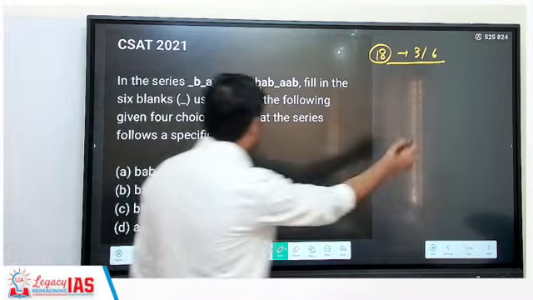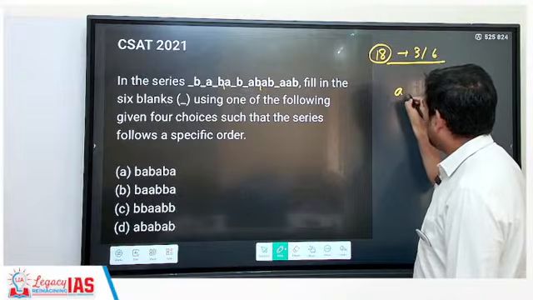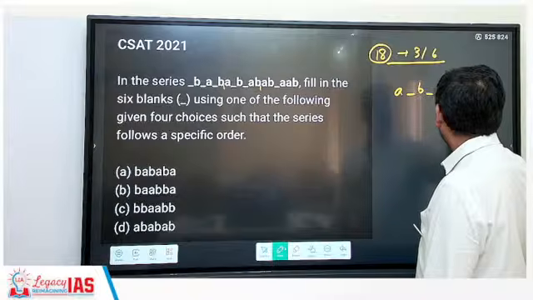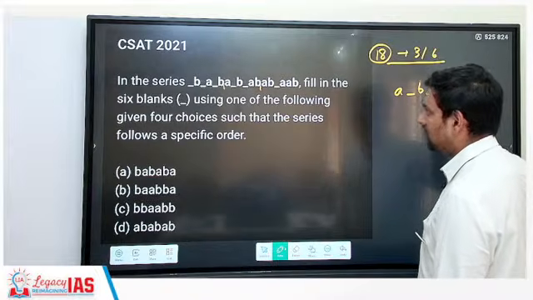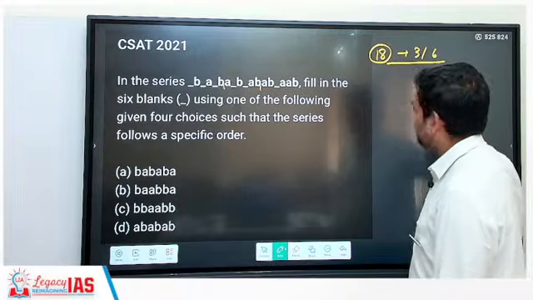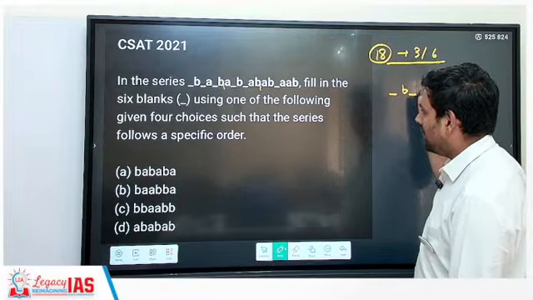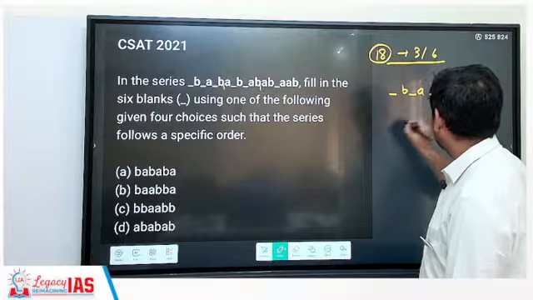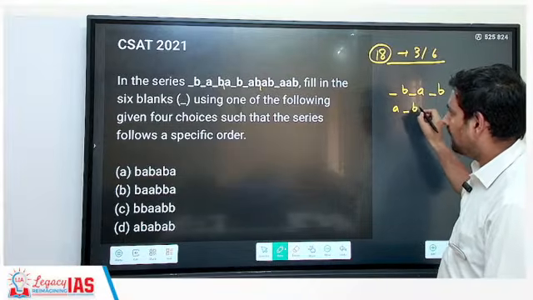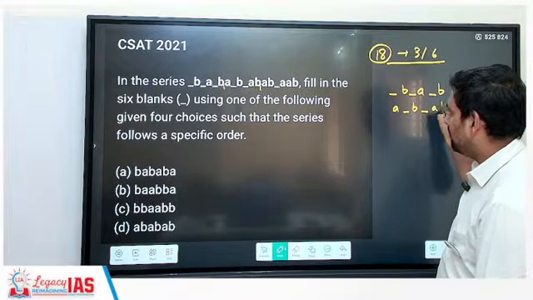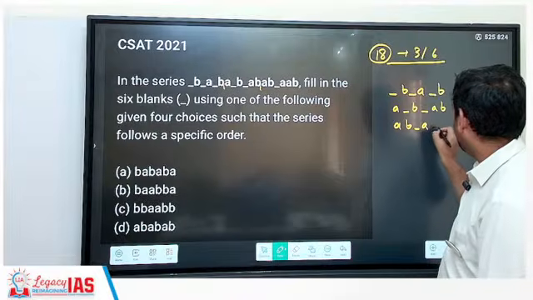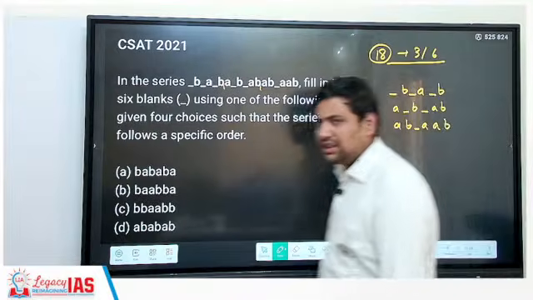Now let's start writing. So it becomes what? A dash B dash A dash B dash A dash B. Then next is A dash B dash A B, and last is A B dash A B. This is the pattern.